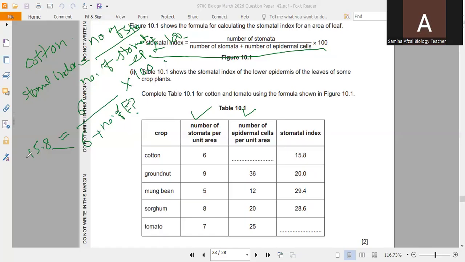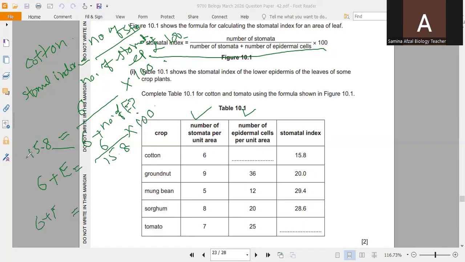So 6 plus E, or number of epidermal cells, is 6 multiplied by 100 divided by 15.8. You can calculate it by yourself.